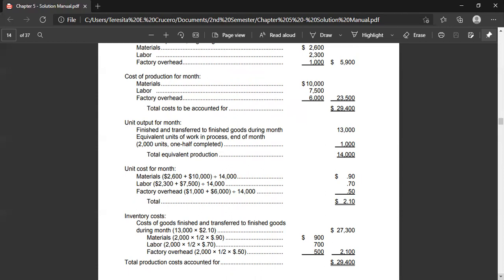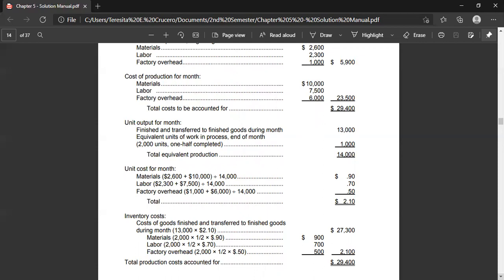So we just multiply 13,000 times 2.10, meaning as far as 2.10 is concerned, we just multiply the total number of units of 13,000. That's your finished and transferred to finished goods during the month. So here for the inventory cost, the cost of goods finished and transferred, we have total of 13,000 multiplied by 2.10.